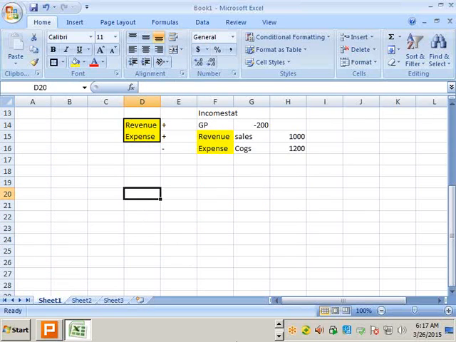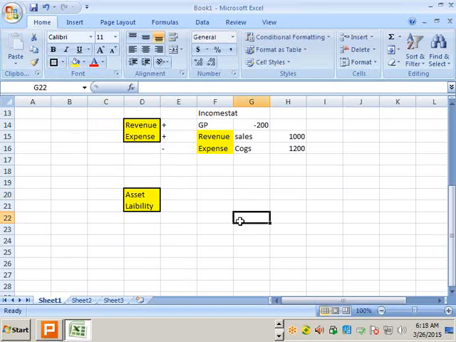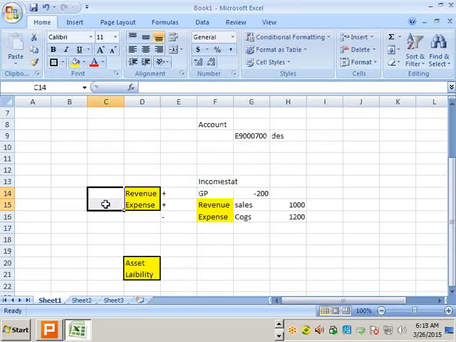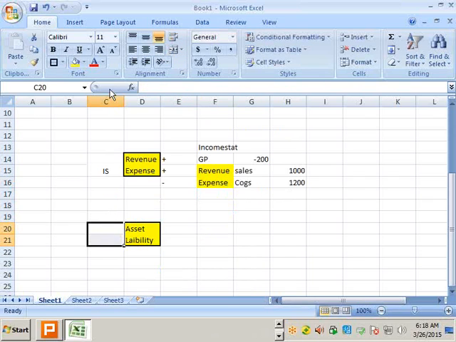Now moving to asset and liability. Whereas revenue and expense are basically for the income statement, asset and liability we are using for the balance sheet.